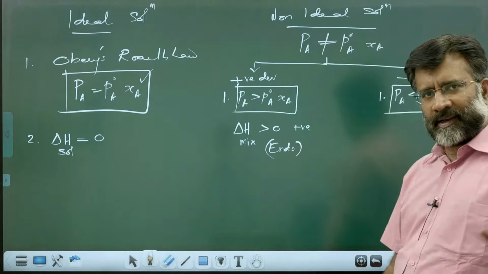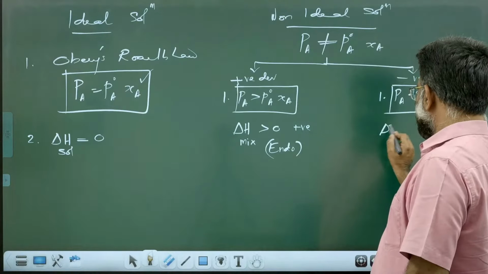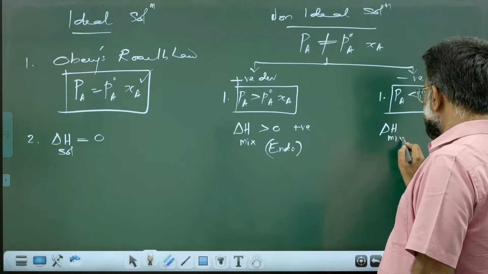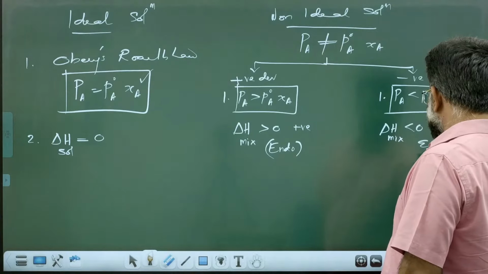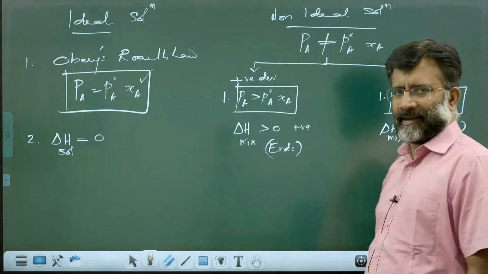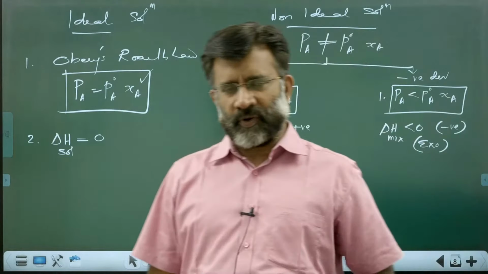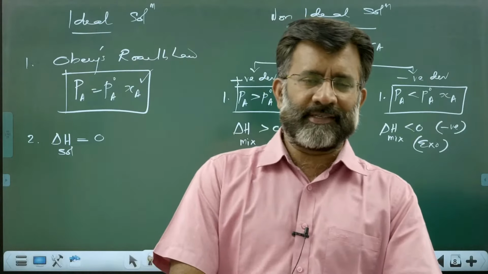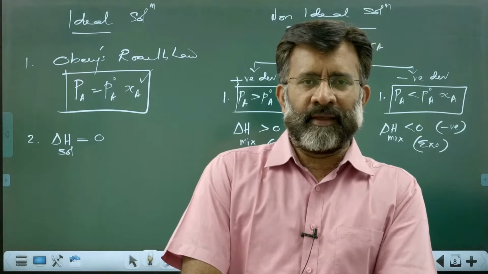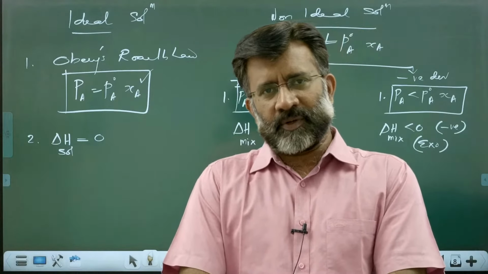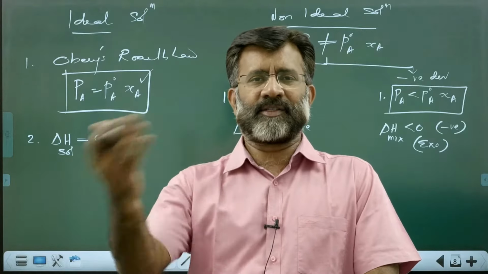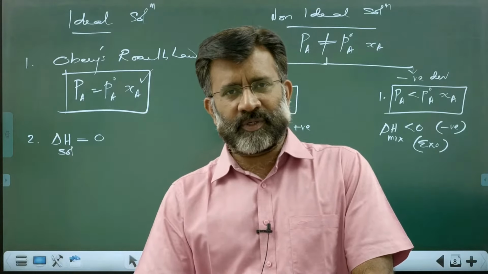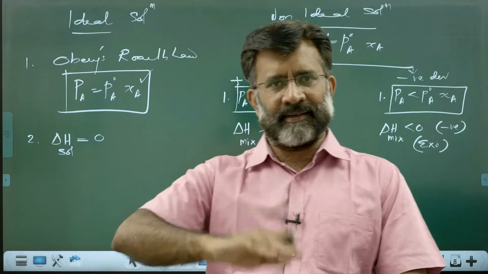What about negative deviation? Delta H mixing will be less than 0. That is negative. Negative means exothermic reaction. So for ideal solution, there is no change in enthalpy during mixing. Non-ideal solution, positive deviation, delta H positive; non-ideal solution, negative deviation, delta H negative.